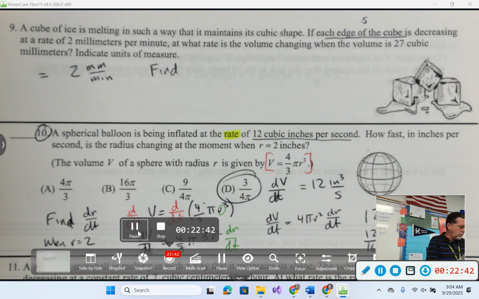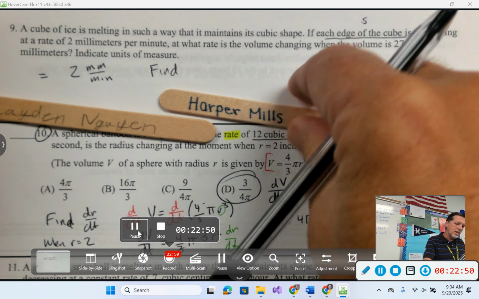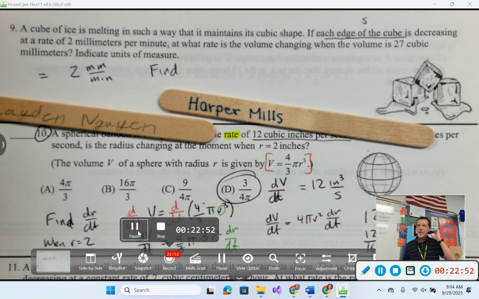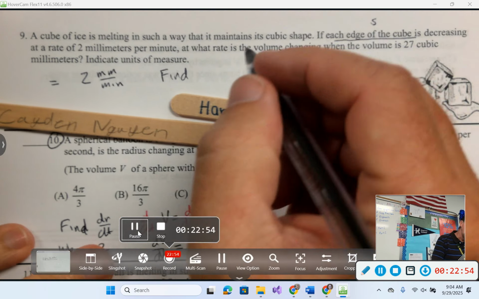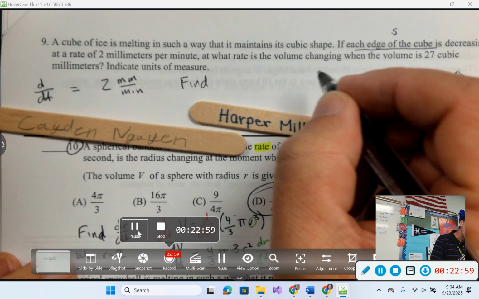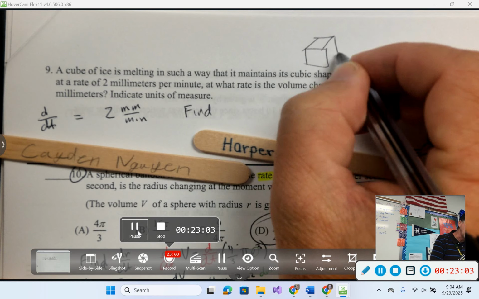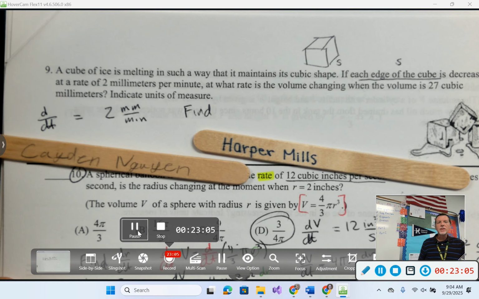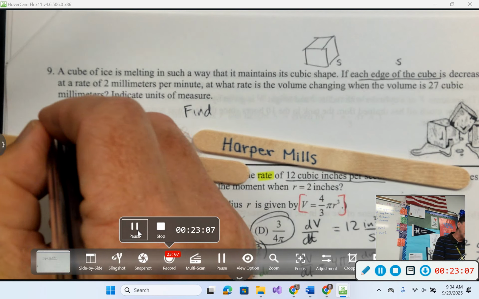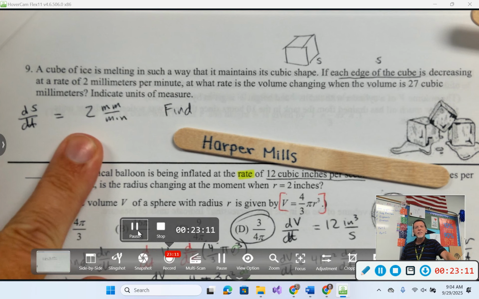Okay, so let's first make sure we understand what we've been given and what they're asking for. Caden, what is that 2 millimeters per minute? d what dt? I called it s because I'm going to say that s is the side length of the cube. So ds/dt. And there's one more thing about that 2 that I probably should have put in there.